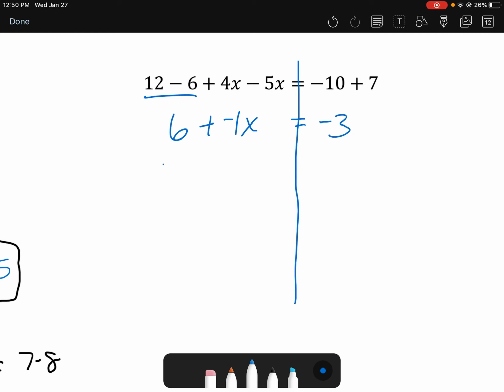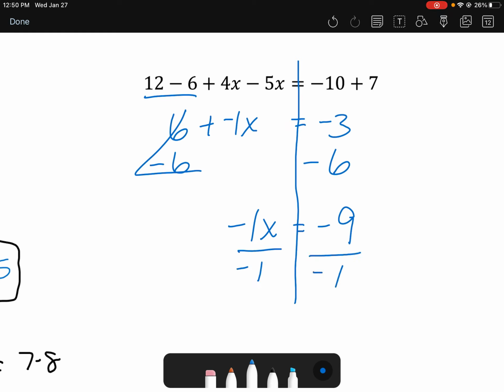I'm going to go ahead and subtract my constant first, which is 6. Those guys cancel out. I have -1x is equal to -3 minus 6, or -9. X is still not by itself because I have a -1 there. I'll cancel those guys out by just dividing by -1. X is equal to -9 divided by -1, or 9.